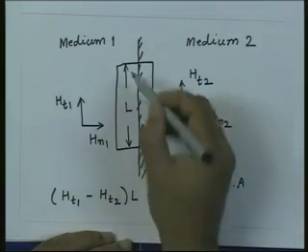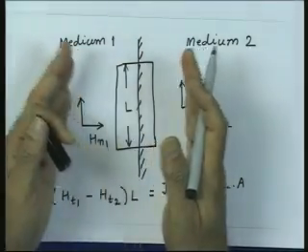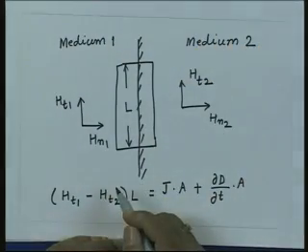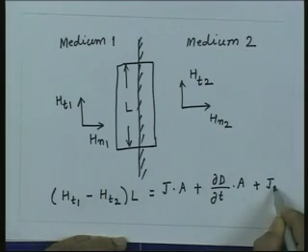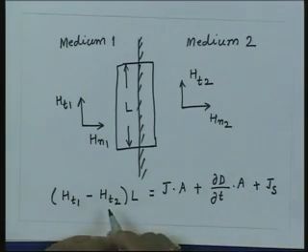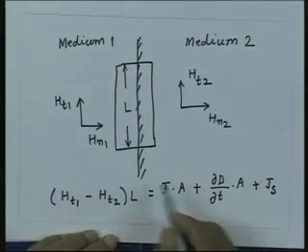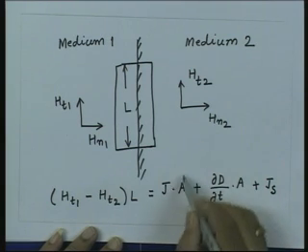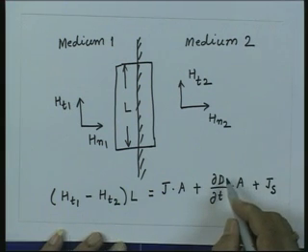The third possibility is that I may have a surface current here, and when the loop shrinks to a line, the surface current is still enclosed by this loop. So, I may have a surface current on the surface of this interface. When the area tends to 0, when the loop shrinks to a line, this quantity will tend to 0, and this quantity will tend to 0 for a finite value of displacement vector, that means for a finite value of electric field.